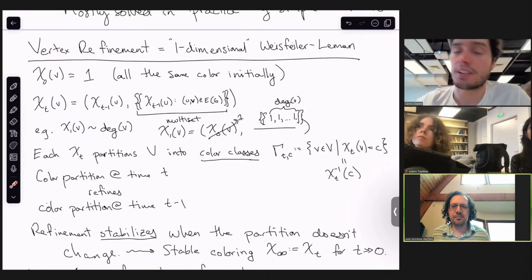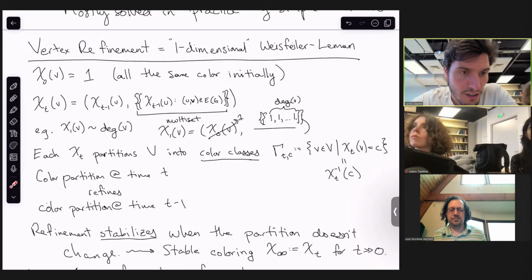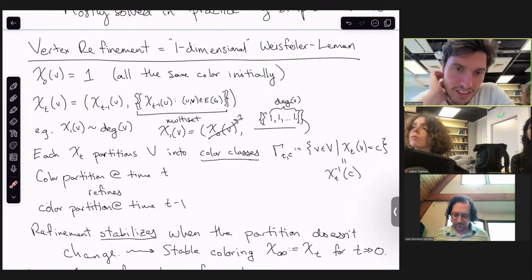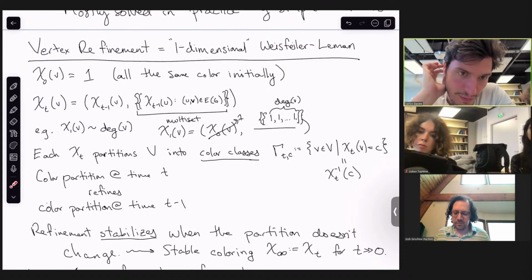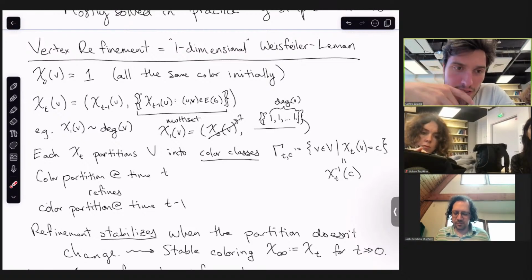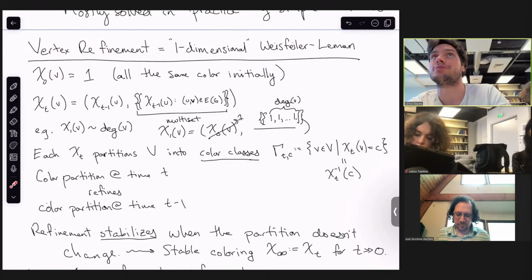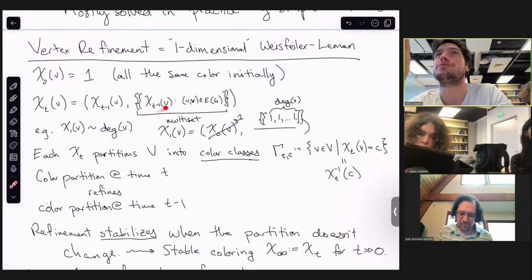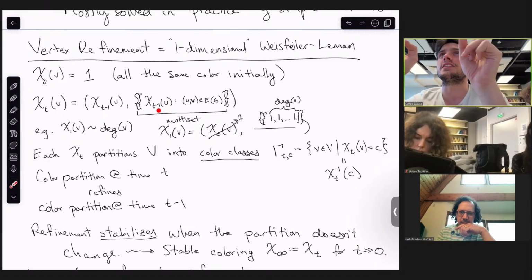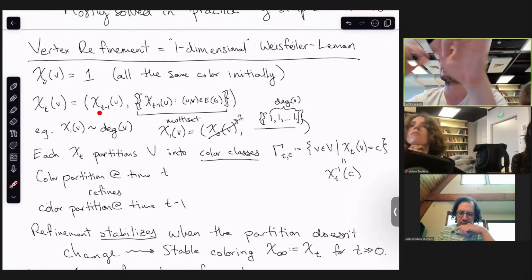Josh, can I ask something? It's more a technicality of the multiset part of it. Is it true that the chi t-1 of u in the formula for chi t of v is taking the multiset of the whole thing in the next step? I'm a little bit confused about the fact that there's a pair and then the multiset inside.